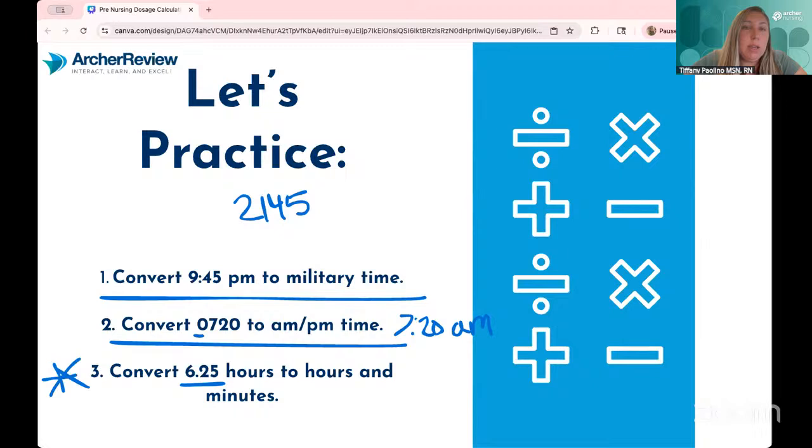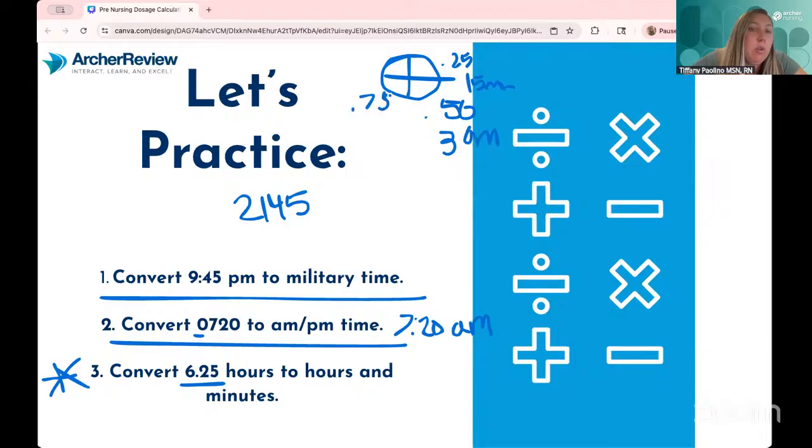When we're talking about our hour, I think of a coin or a circle of some sort. So 0.25 is also equal to 15 minutes, right? 0.50 of an hour is also equal to 30 minutes. 0.75 of an hour or 3/4 of an hour is equal to 45 minutes.